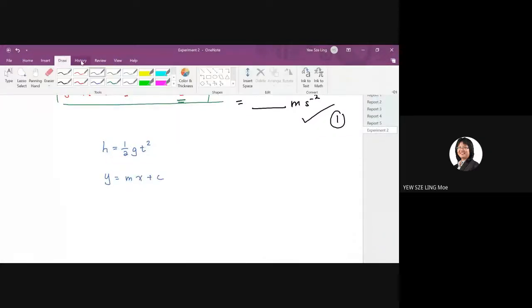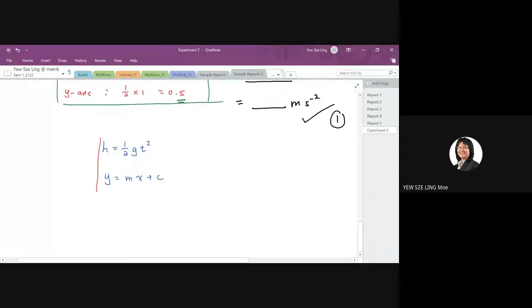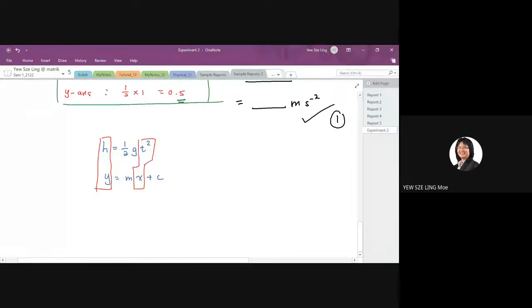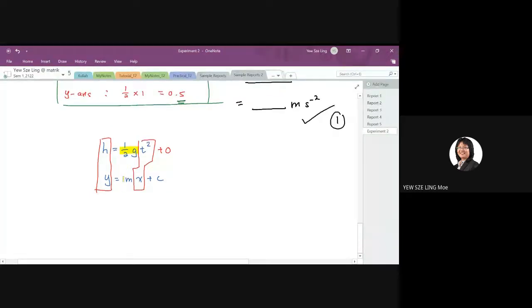By comparison, h is our y, and t squared represents our x in the graph. There is no plus or minus after half gt squared, which means it is a plus 0. Therefore, theoretically the graph should start from 0, based on the equation. The remaining part, half g, is our gradient.